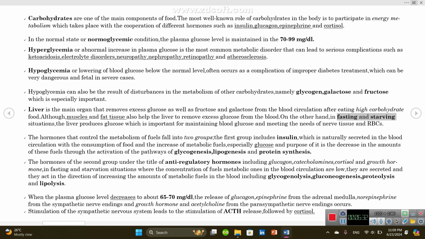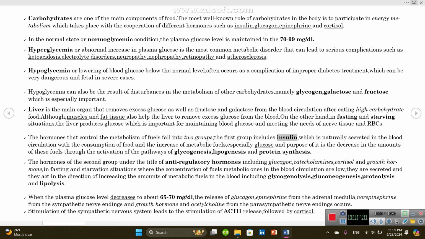Now the hormones. The hormones that control the metabolism of fuels fall into 2 groups. The first group includes insulin, which is naturally secreted into the blood circulation.